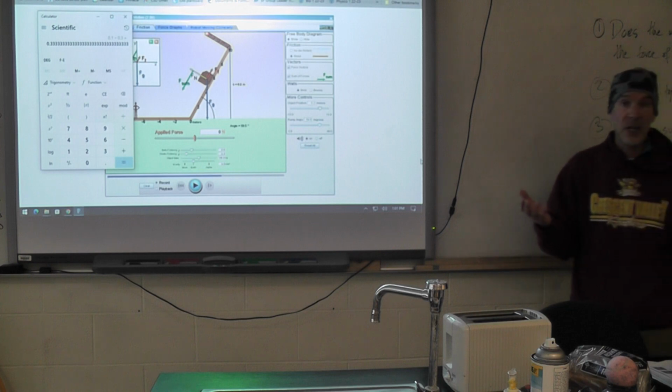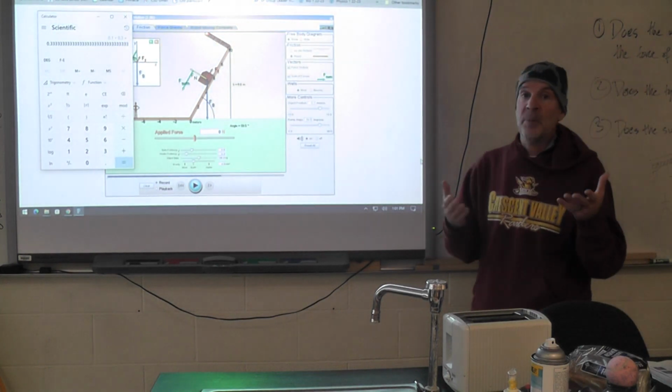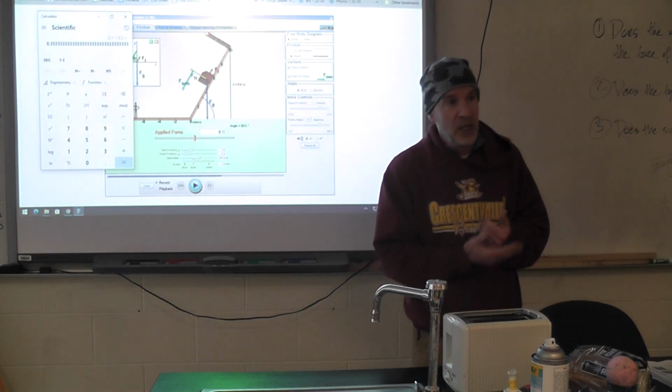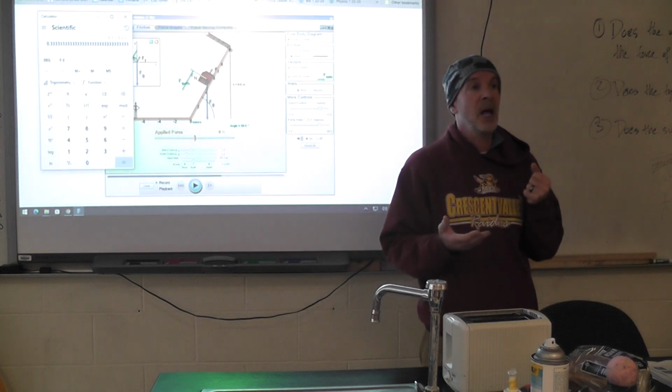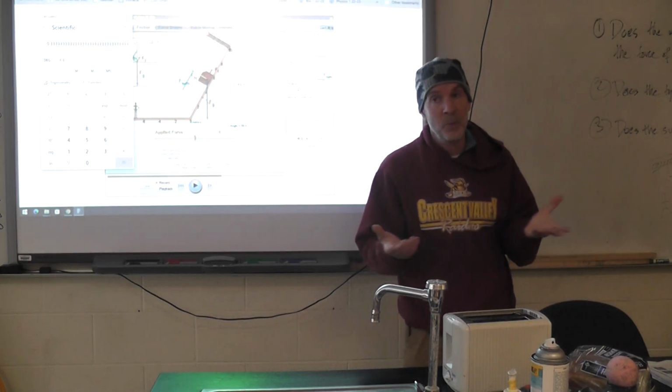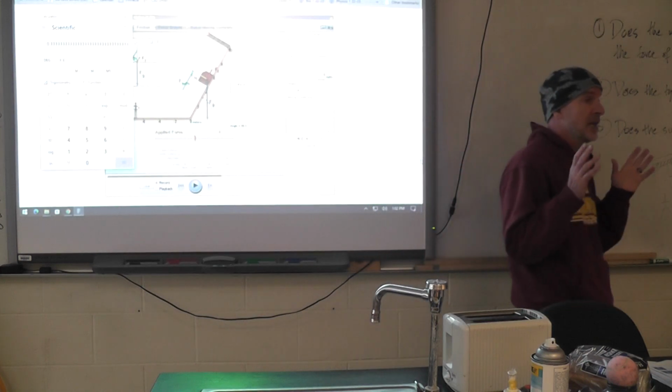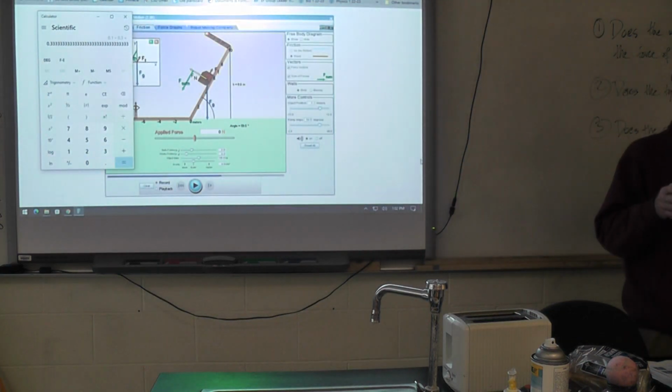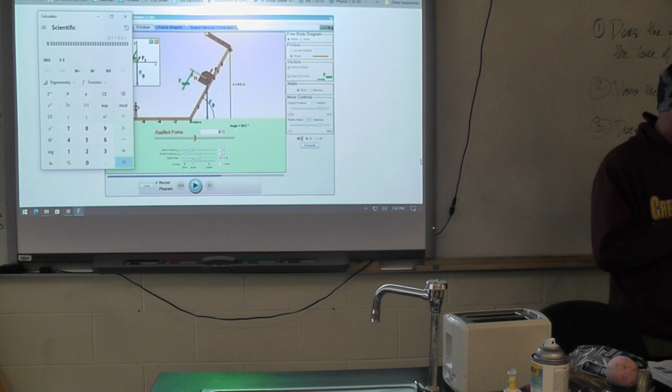Some of those felt blocks might have more friction than some of the sandpaper blocks, but some of the sandpaper blocks might have more friction than some of the felt blocks. We wouldn't know unless we looked at each little piece of sandpaper separately.